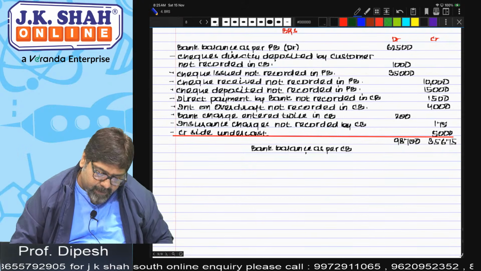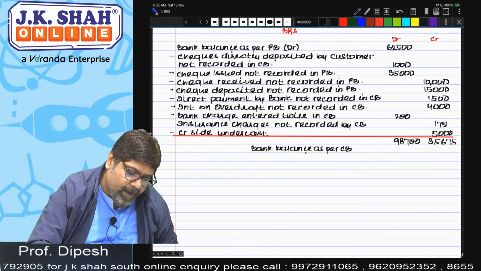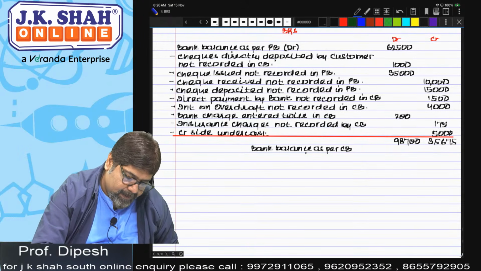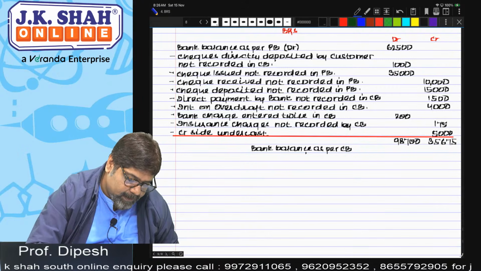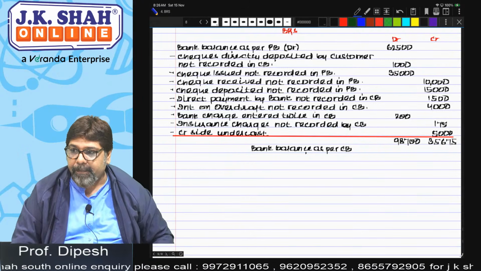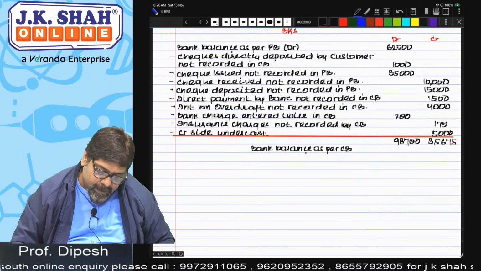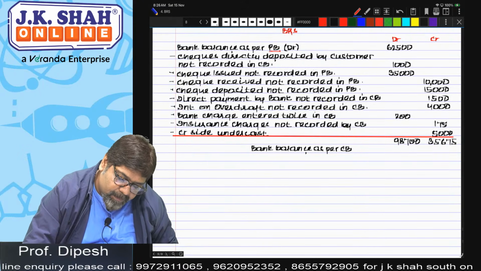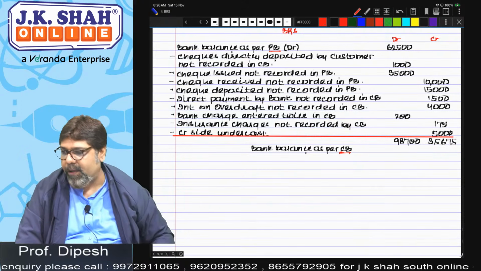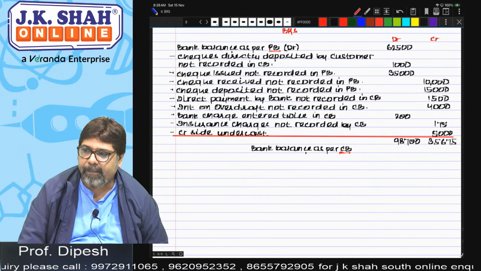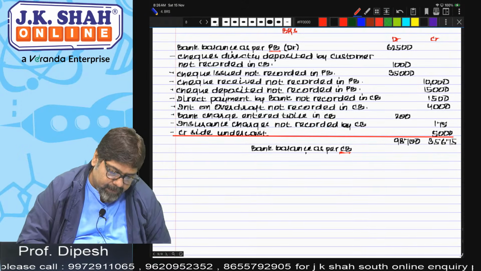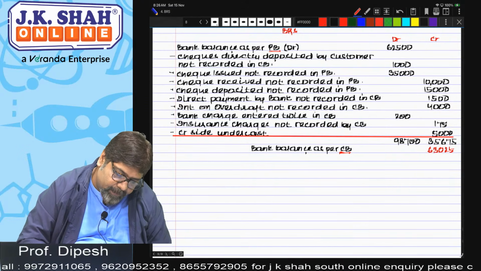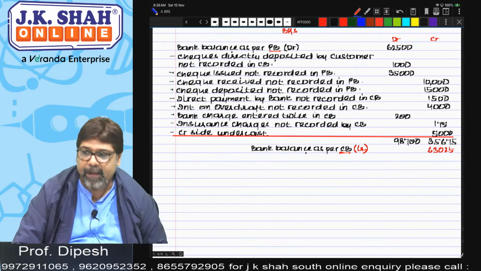Tell me the balance. Balance will come in the cash book. You started with the passbook, so you will end in the cash book. How much? 63,025, so credit balance.